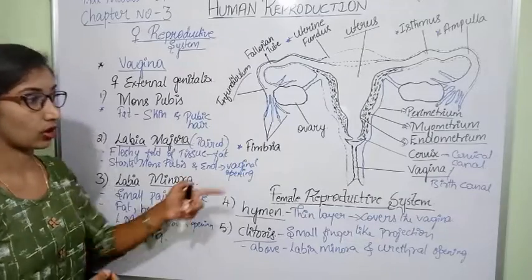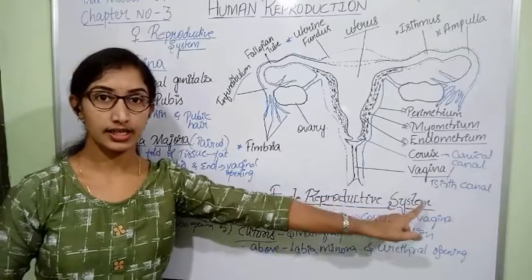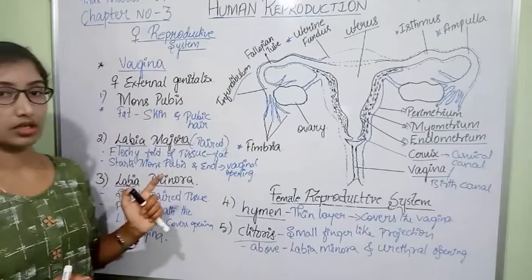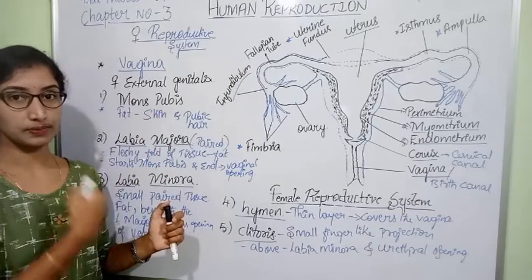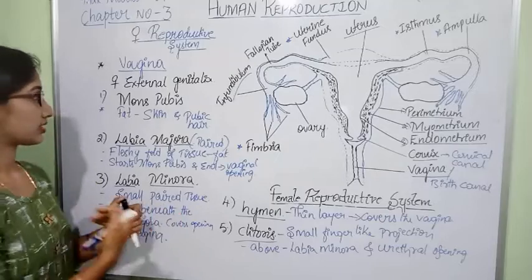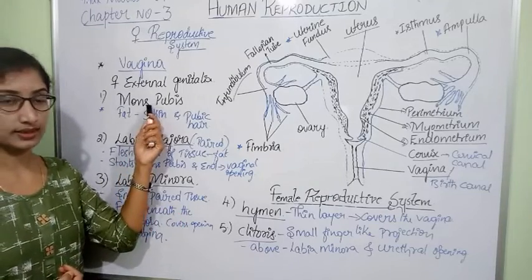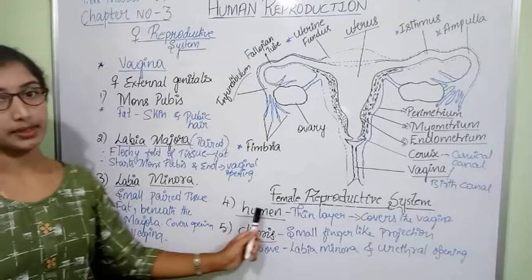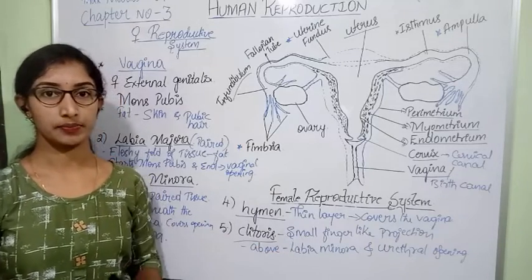The vagina consists of different parts or regions such as Mons pubis, labia majora, labia minora, hymen and clitoris.